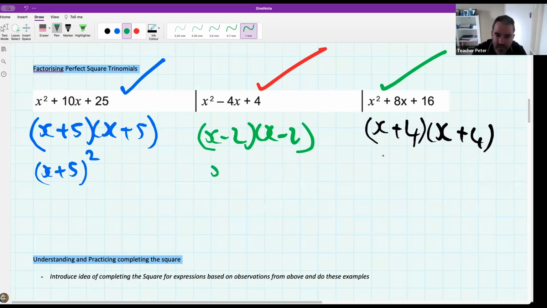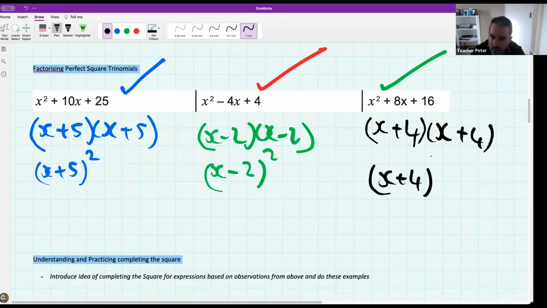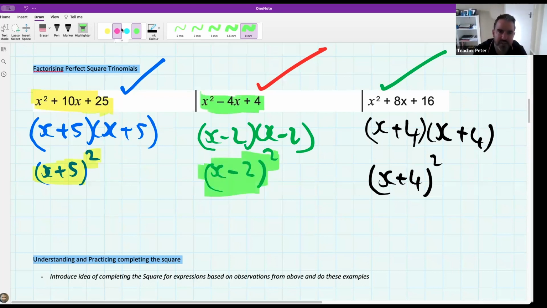What else? We call these trinomials perfect square trinomials. So if we look at that, I want you to just recognize that all of these are perfect square trinomials.